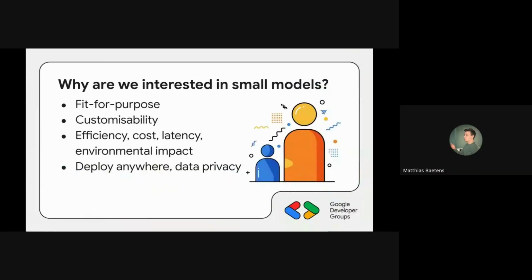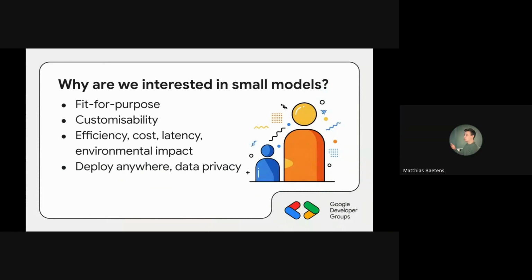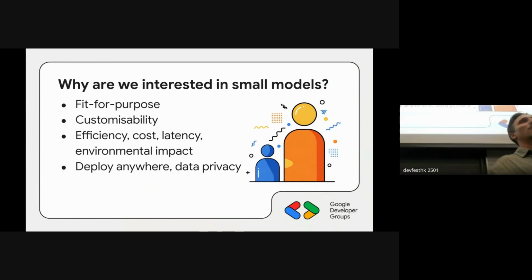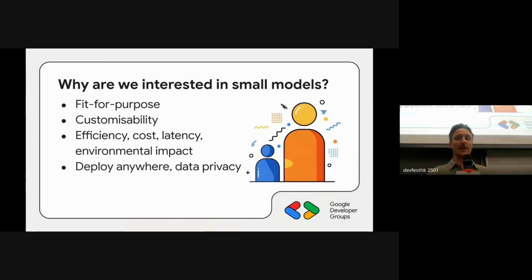So why do we put this interest in small models? Because big models give us what we want, right? Well, not always. If you're asking a trivial prompt like generate a random color, a big model uses all its computation, which is pointless for the task at hand.